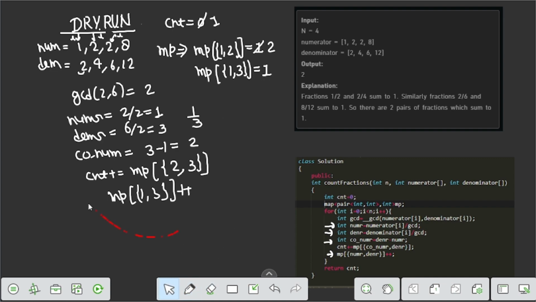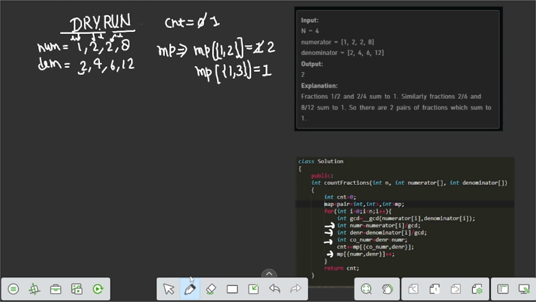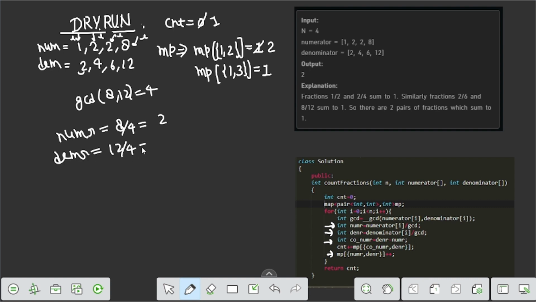So in the next iteration, i moves here. The GCD of 8 comma 12 becomes 4, and the new numerator is 8 divided by 4, which is 2, and the denominator is 12 divided by 4, which is 3.